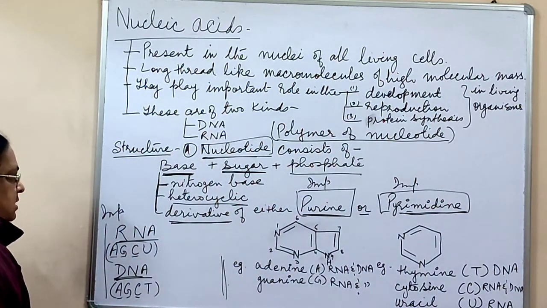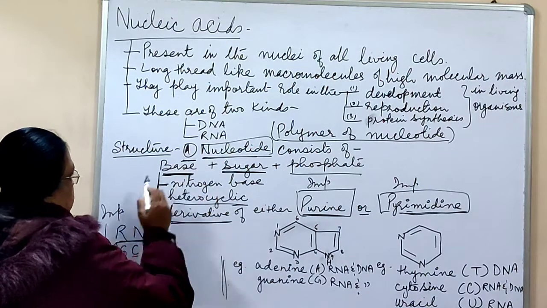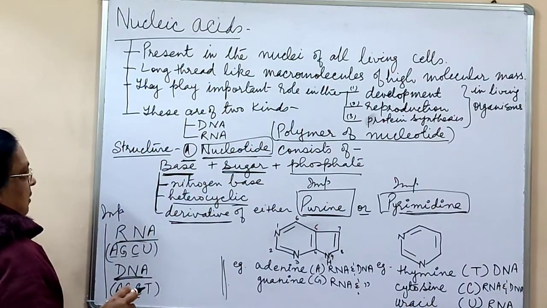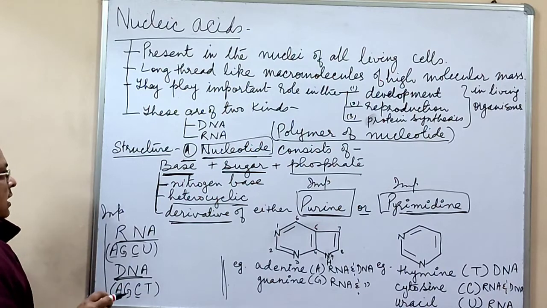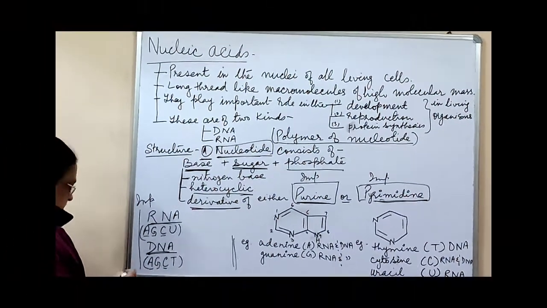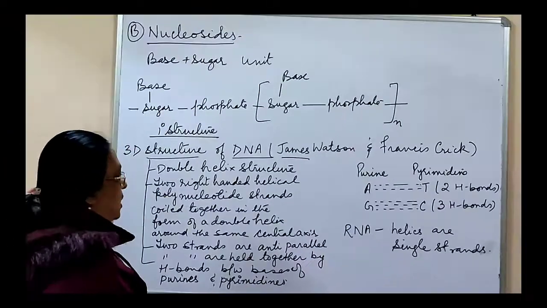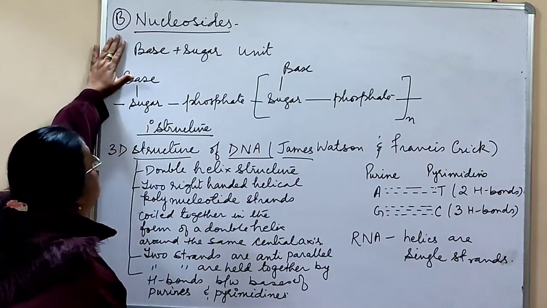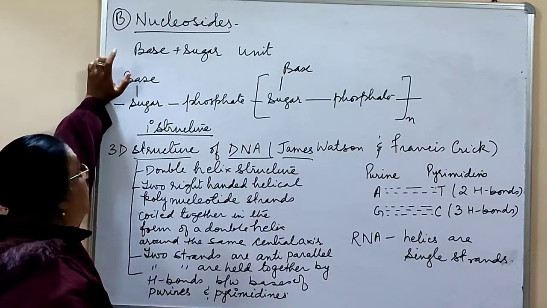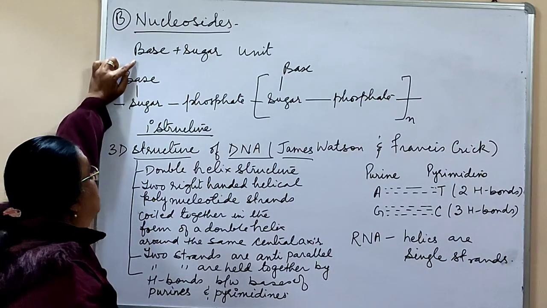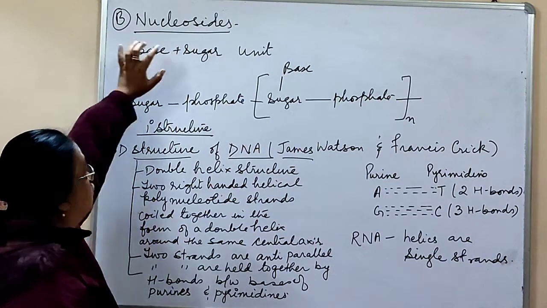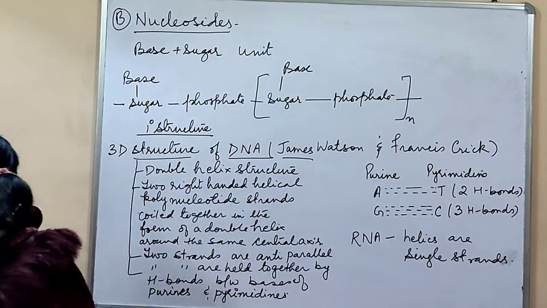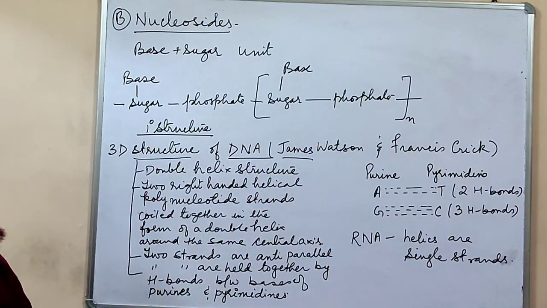And then next we'll see the second part of the structure, the chemical building unit, that is your nucleoside. So the second structure of nucleic acid is nucleoside. Nucleotide was a base, sugar and phosphate unit.